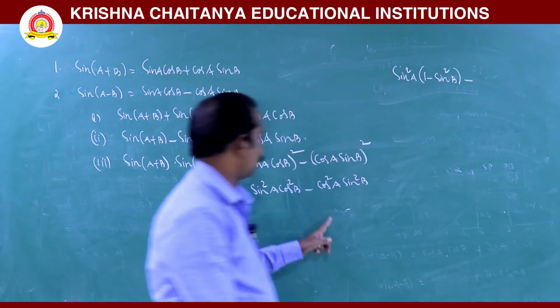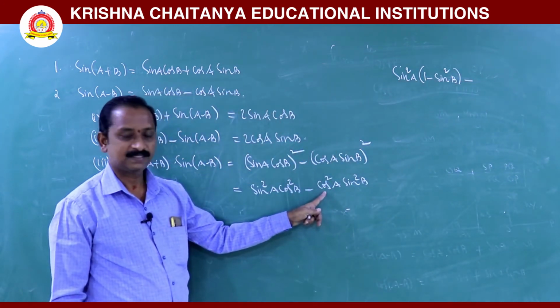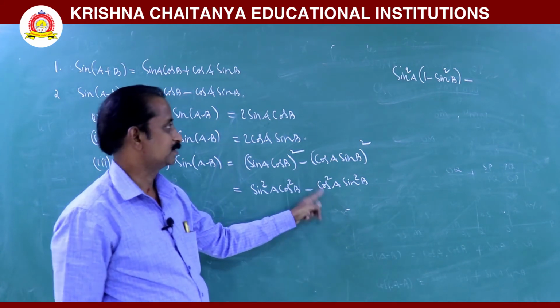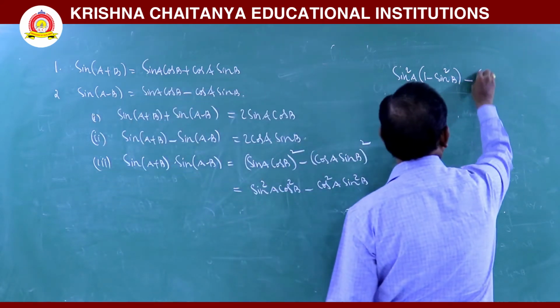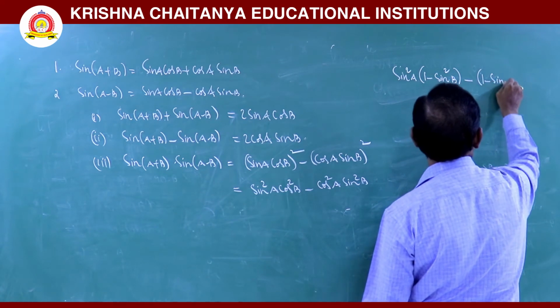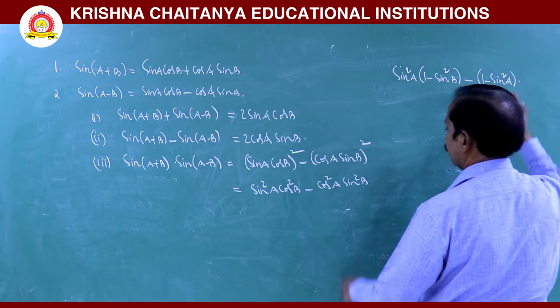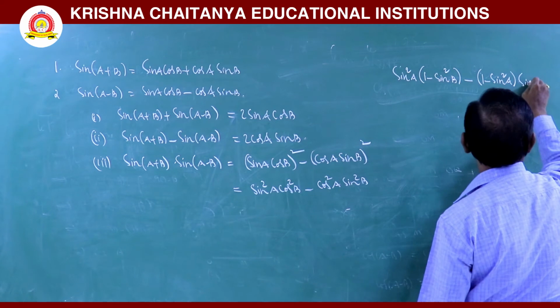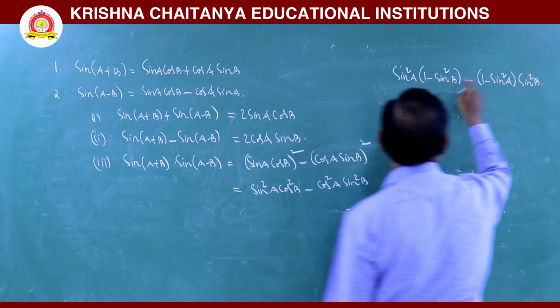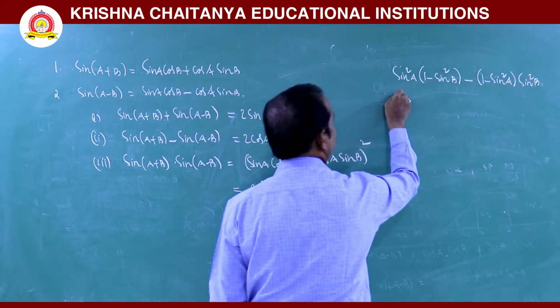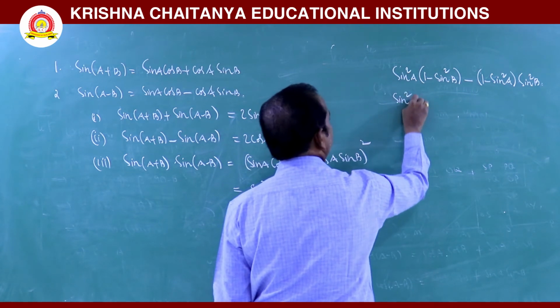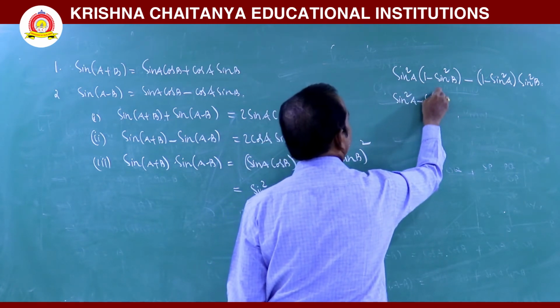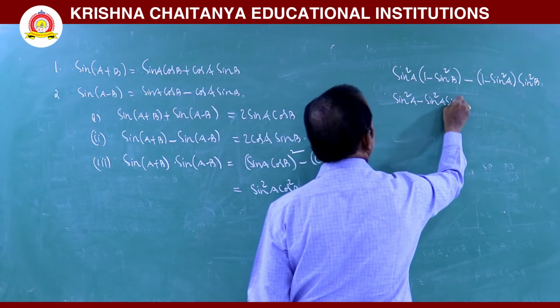Similarly, cos square a can be changed as 1 minus sin square a. So, (1 minus sin square a) is already there into sin square b. When we multiply, what do we get? Sin square a minus sin square a into sin square b.